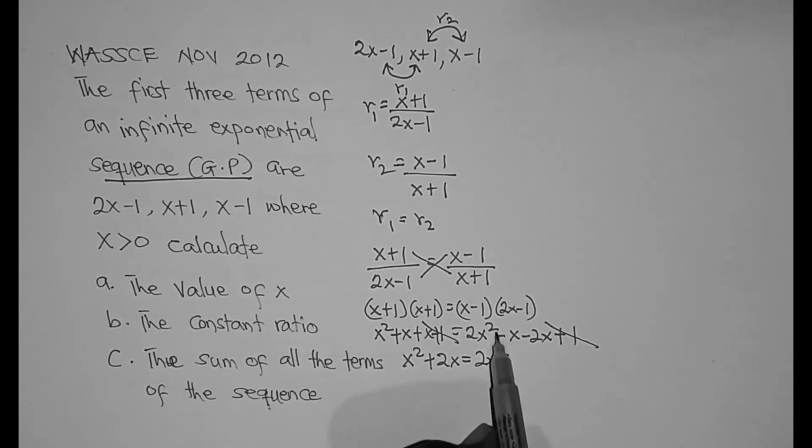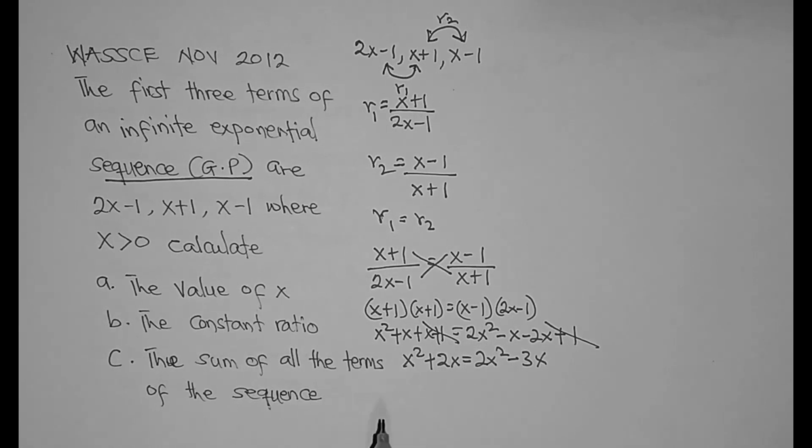Then minus x minus 2x becomes minus 3x. So let's take these terms and bring it to the right hand side of the equation. So it becomes 2x squared, then minus this x squared, then minus 3x, then this term minus 2x equals 0.